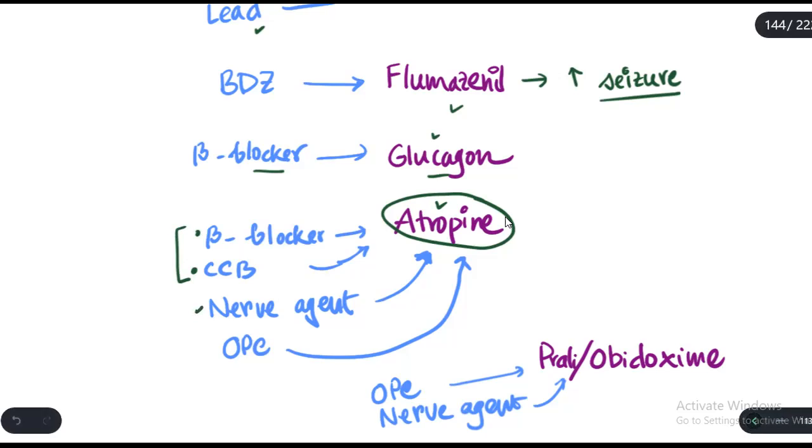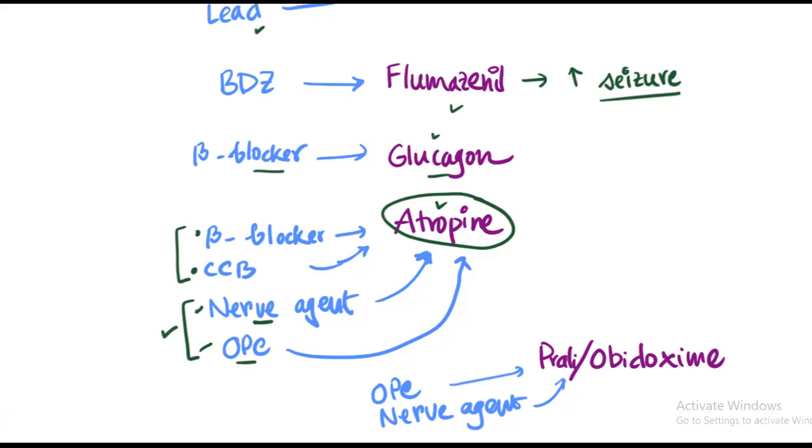In nerve agent poisoning or OPC poisoning, atropine gives an anticholinergic effect compared to the cholinergic action of the nerve agent and the OPCs. So OPC and nerve agents have a cholinergic action.